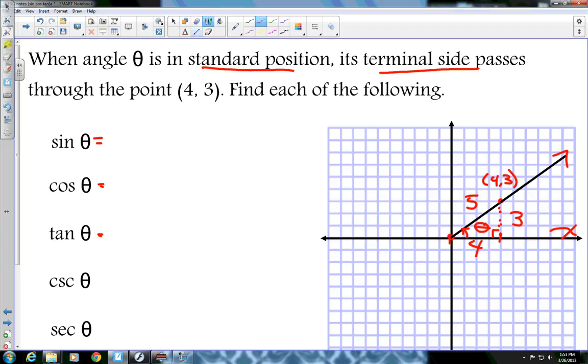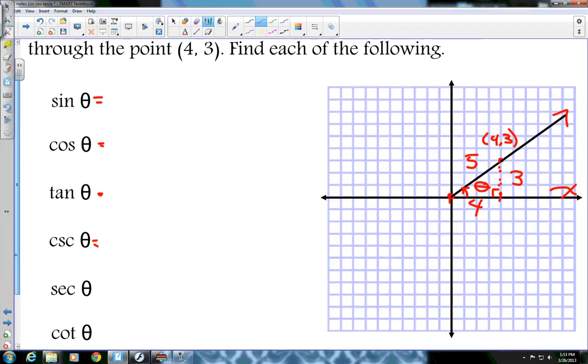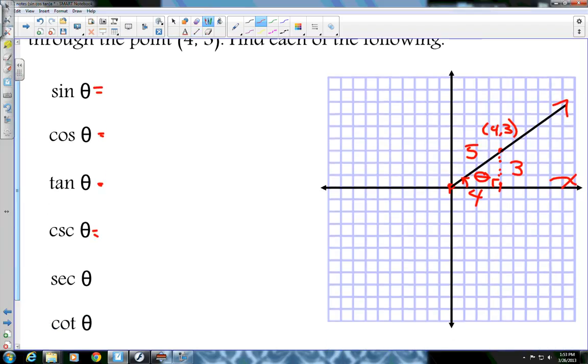Let's figure our trig functions here. Sine is opposite over hypotenuse, so that's 3 over 5. Cosine, adjacent over hypotenuse, 4 over 5. Tangent, opposite over adjacent, 3 over 4.